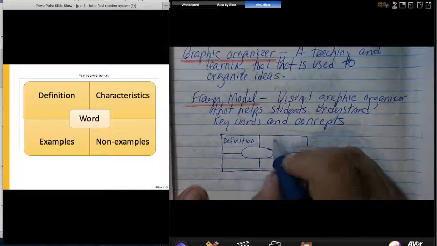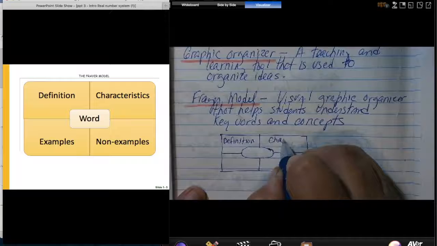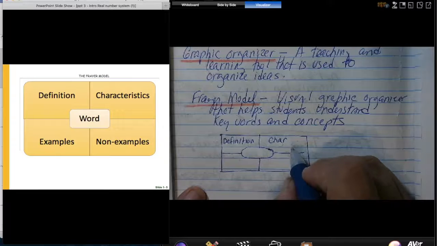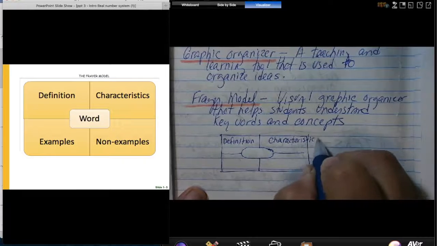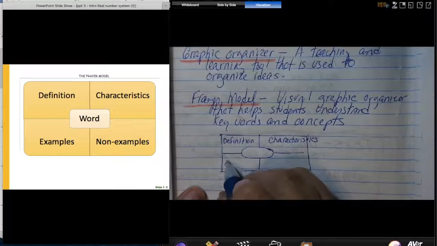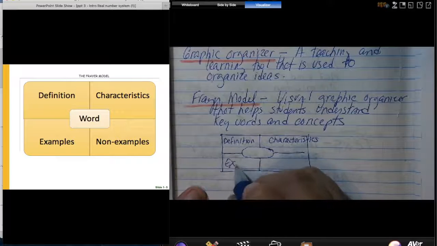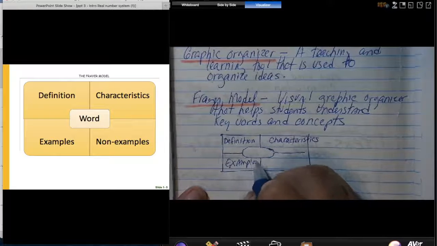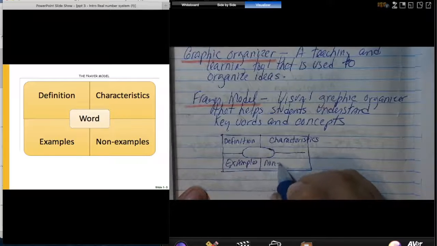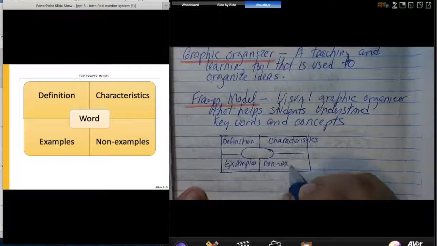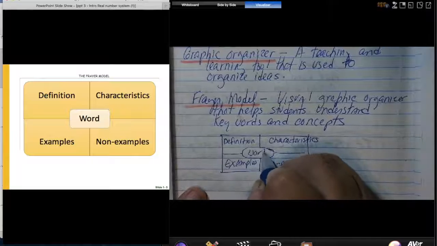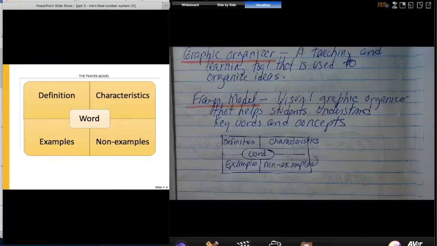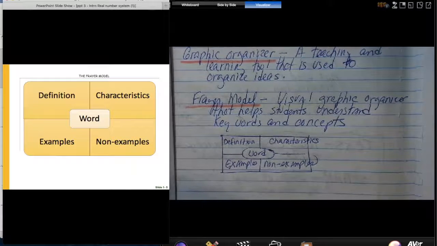On the upper right, we have important characteristics or important information. Then we have examples on the lower left. And we have non-examples on the lower right. And the vocabulary word goes in the center.